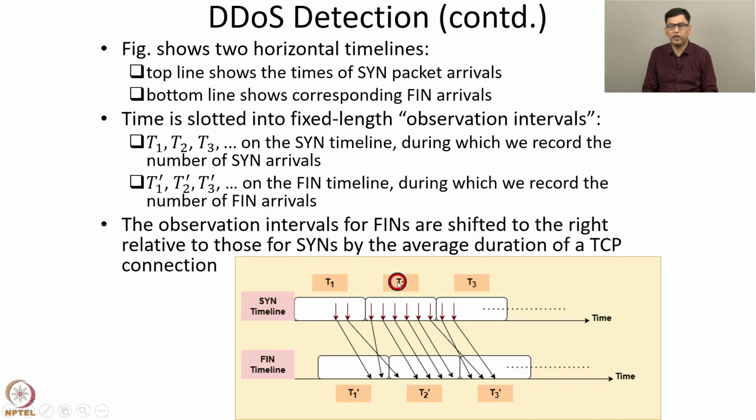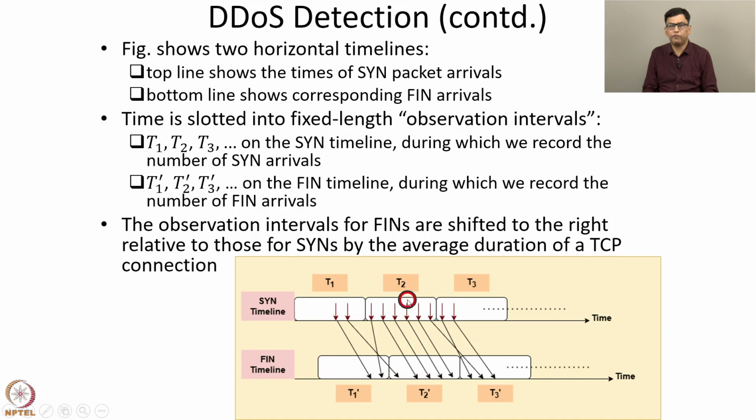Hence, if the SYN packet for a particular connection is received in a particular observation interval on the SYN timeline, then the corresponding FIN packet should be received with high probability in the corresponding observation interval on the FIN timeline. So the number of SYN packets received in this observation interval should be roughly the same as the number of FIN packets received in the observation interval on this FIN timeline.